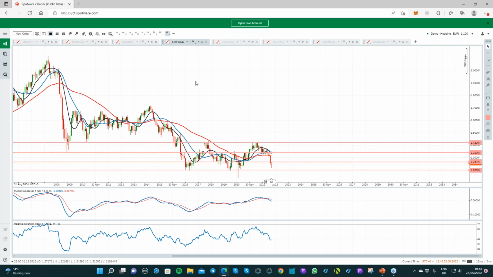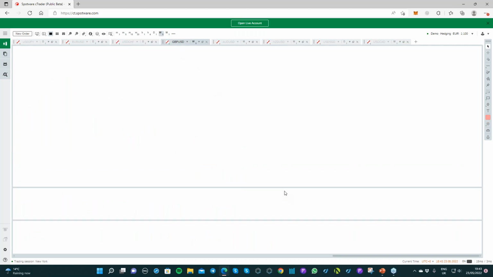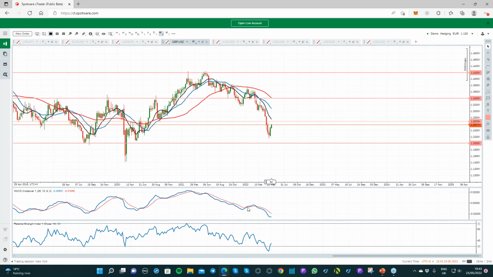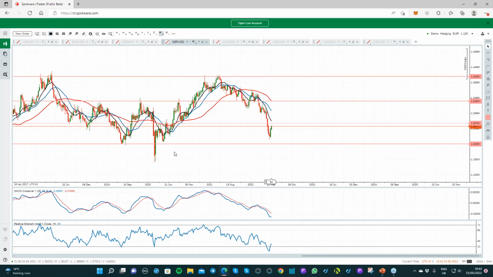And then onto the weekly time frame, I can start to draw horizontal levels that are slightly closer to price here.